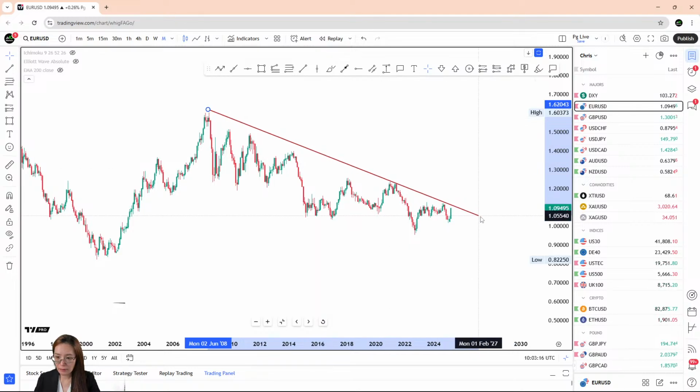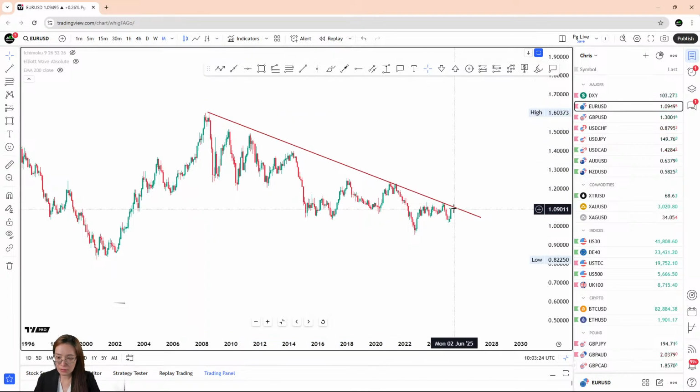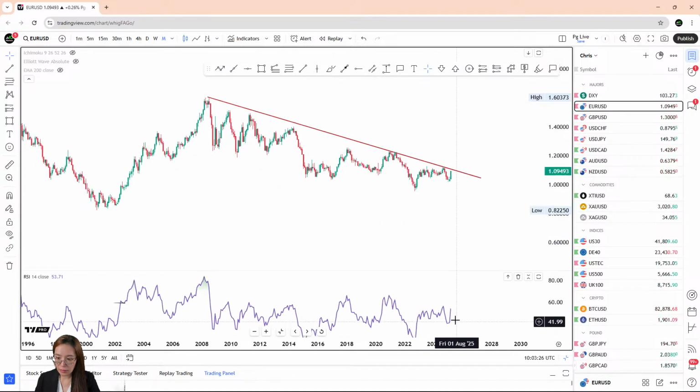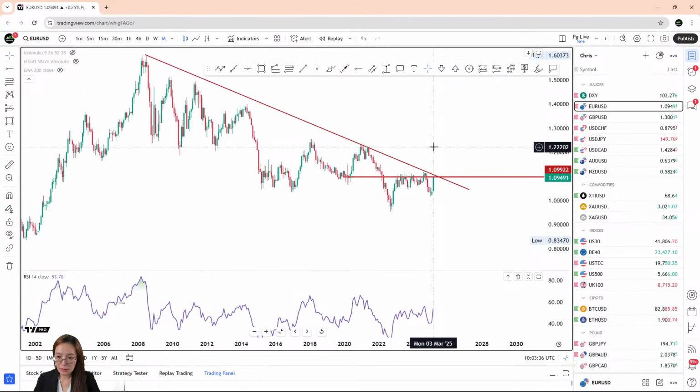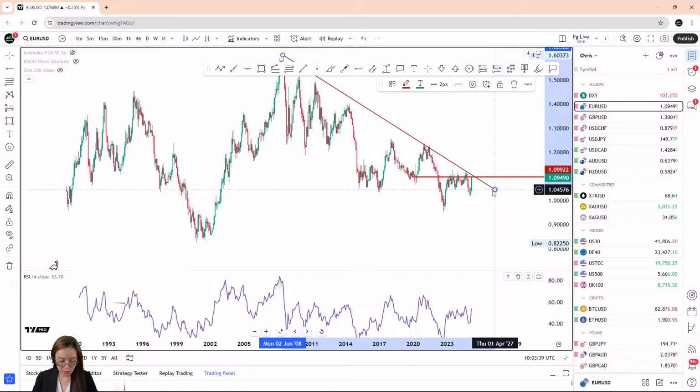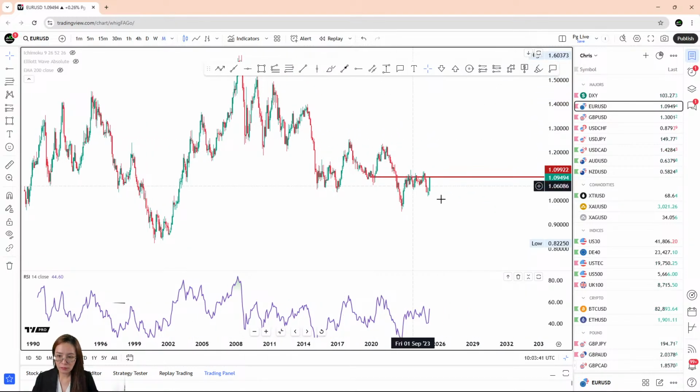You can see that it's approaching the key level for the monthly time frame, which is here. And on the RSI side, I think it can rise even more to the key level. Actually, this is going to be the key level for the EURUSD. For the EURUSD, I'm not counting the wave.